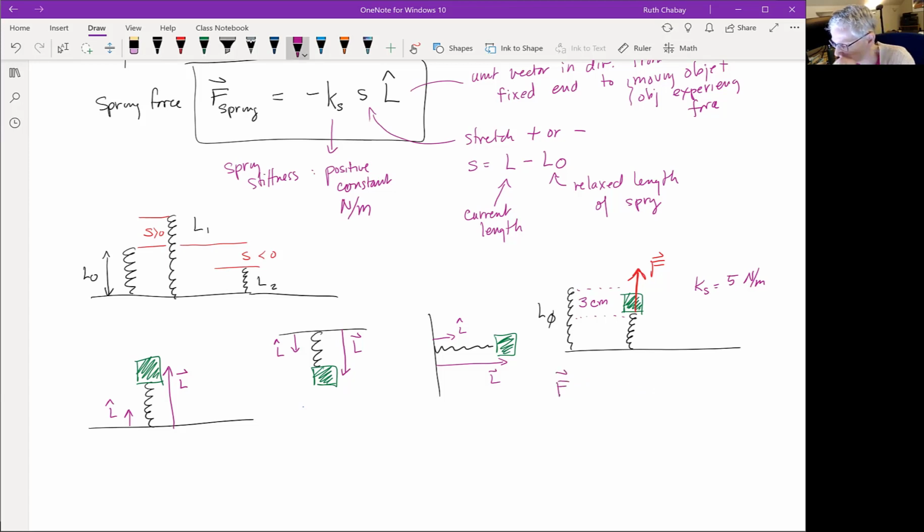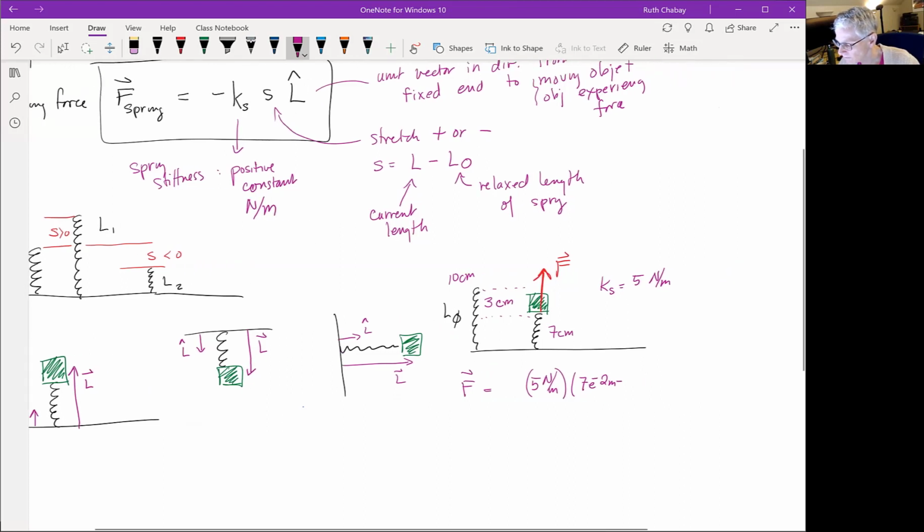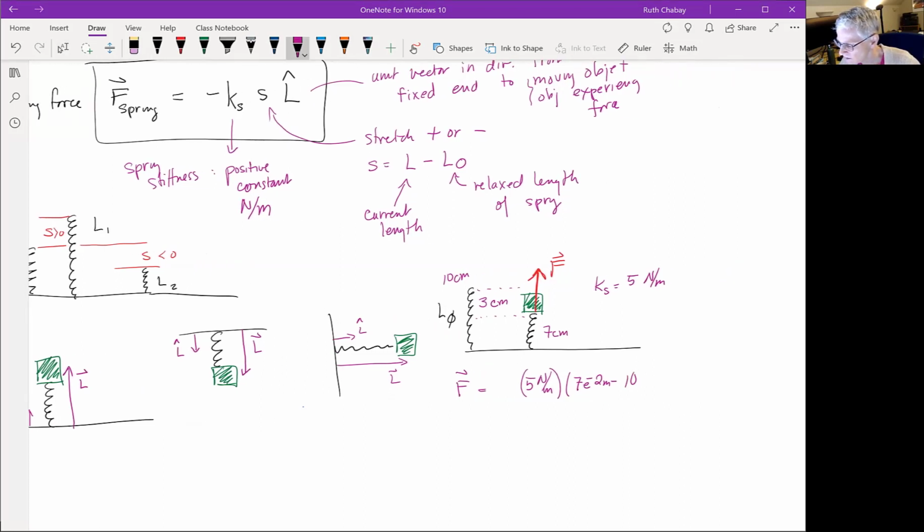The force is going to be the spring stiffness, which is 5 newtons per meter, times the stretch, which is the current length minus the relaxed length. Let's say the relaxed length is 10 centimeters, and so this current length would be 7 centimeters. So this would be 7 times 10 to the minus 2 meters minus 10 times 10 to the minus 2 meters.